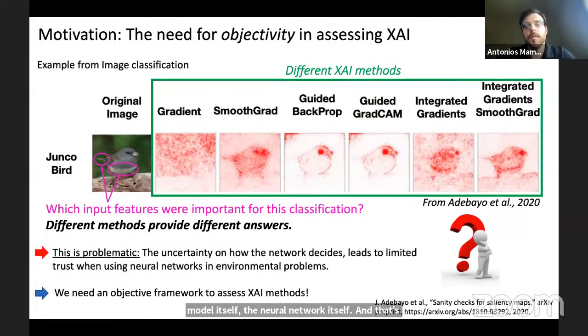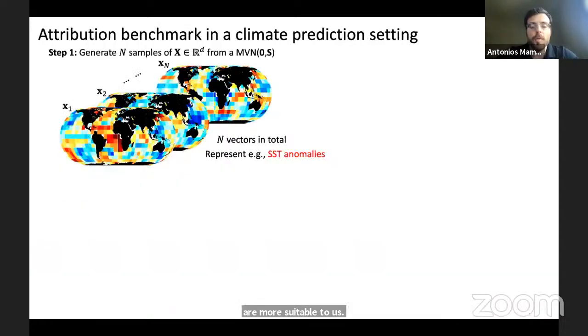And that's why we need objective frameworks to be able to assess these methods, gain insights about their weaknesses, strengths, and be able to know under what circumstances which methods are more suitable to use. And so I'll be offering here a way to do that.